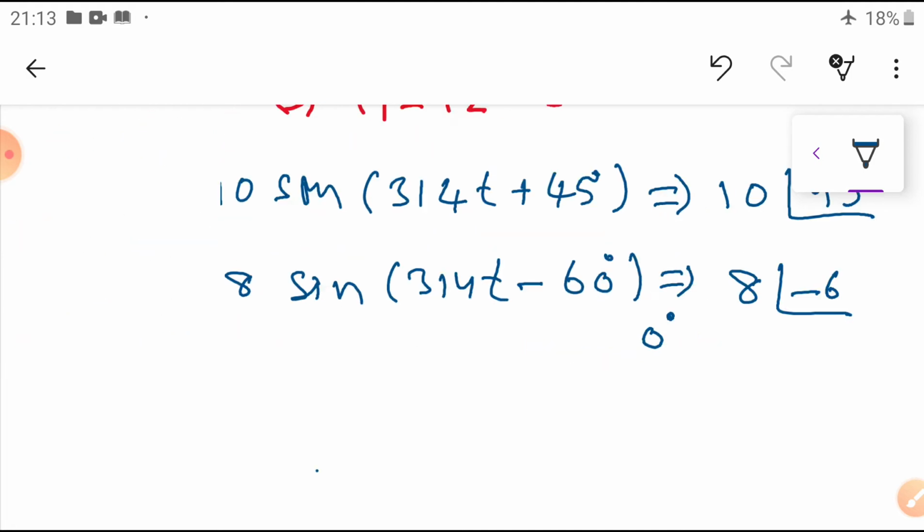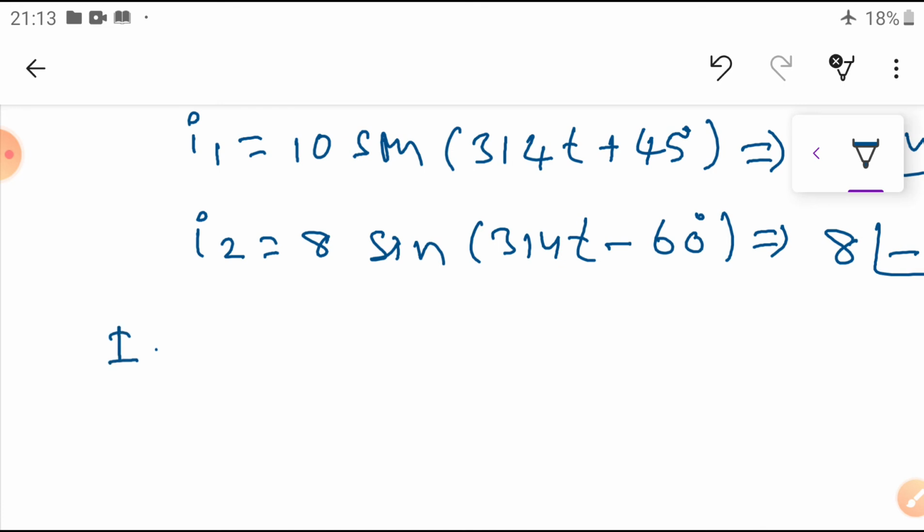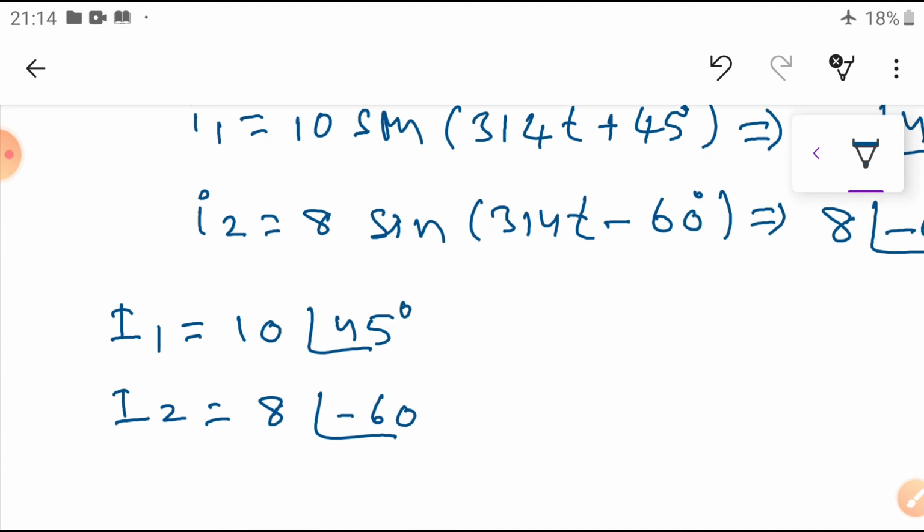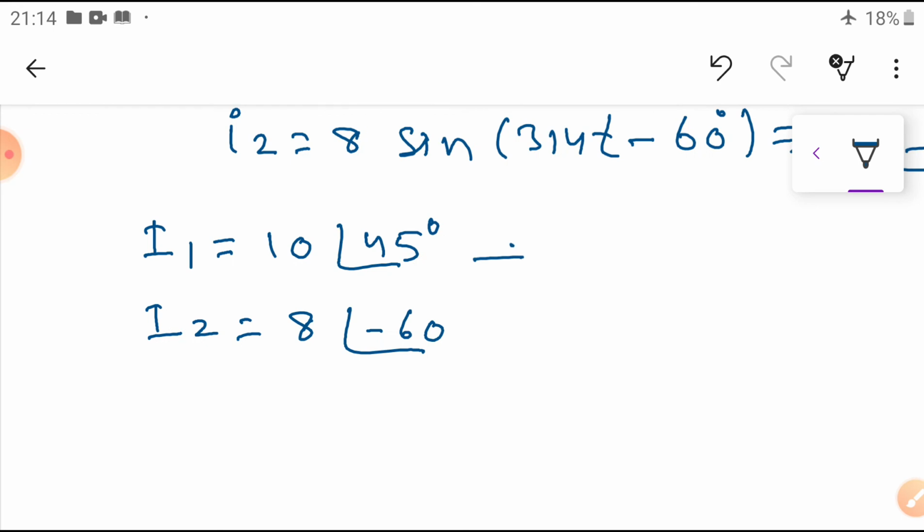So I1 is 10 at an angle of 45 degrees and I2 is 8 at an angle of minus 60. Since it is in polar form, it is better to convert it into rectangular form with calculators. Convert this polar to rectangular and this polar to rectangular.